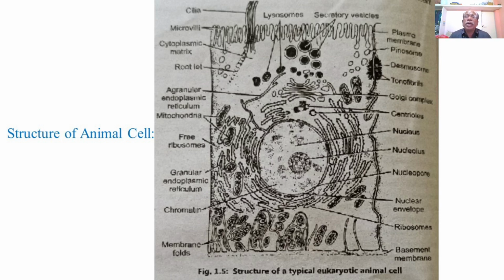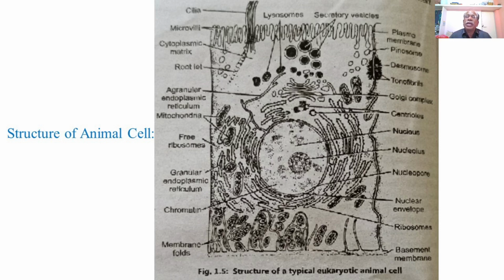The cytoplasm also contains cytoplasmic inclusions and cytoplasmic structures. Cytoplasmic inclusions may be membraneless granules, secretory vesicles, pinocytic vesicles, or phagocytic vesicles, which perform the process of endocytosis or exocytosis.